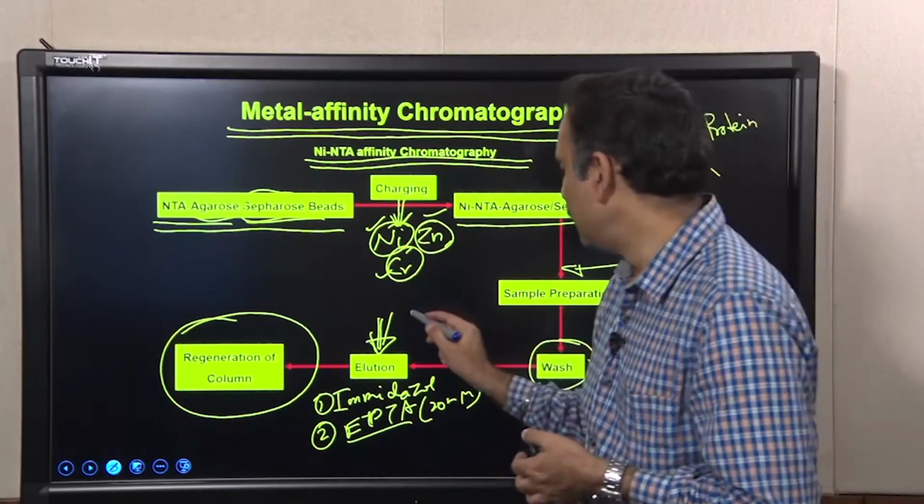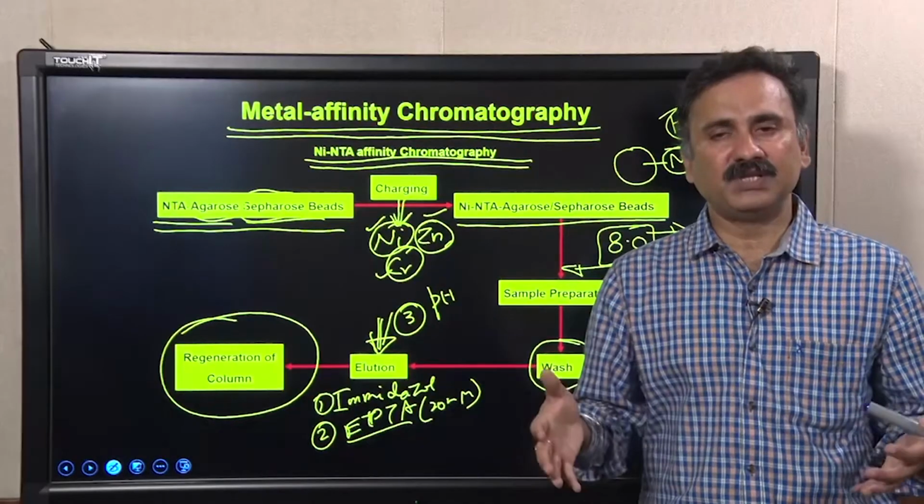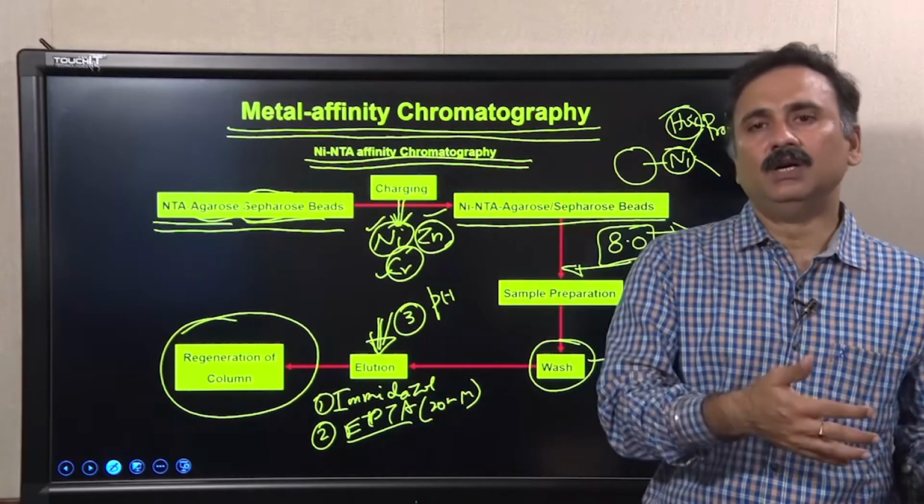The third is you can use the pH, because the nickel NTA sepharose chromatography is always done at above pH 8, because at this pH the histidine tag which is present on the protein has the suitable charges, and that is required for it to bind to the beads.